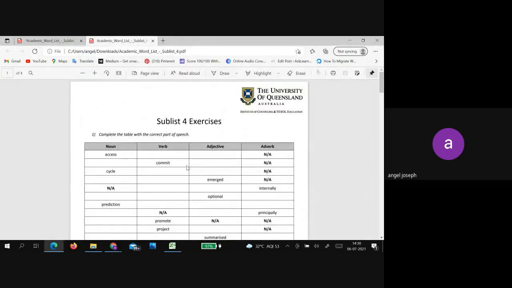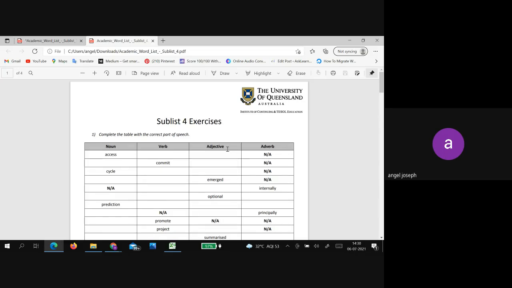Okay, so now you guys have time, you can very well go through the first part. I'm not doing this because many of you would be finding it quite difficult, and moreover you should know what the noun form is, the verb form is, the adjective form is. Of course, this is for people who have a very good understanding of the language.